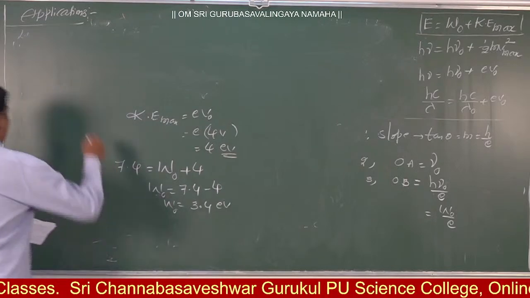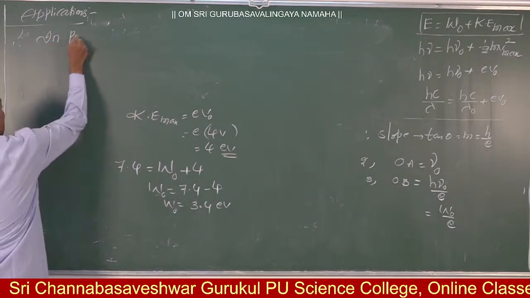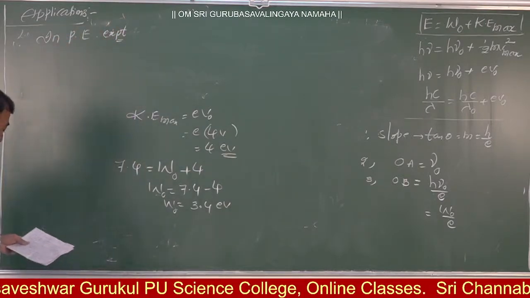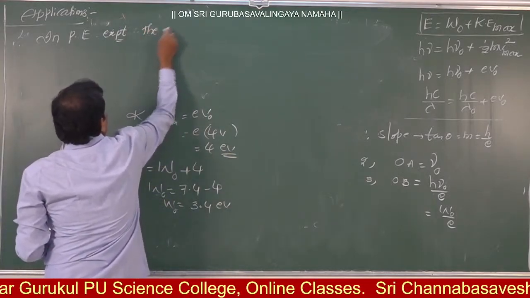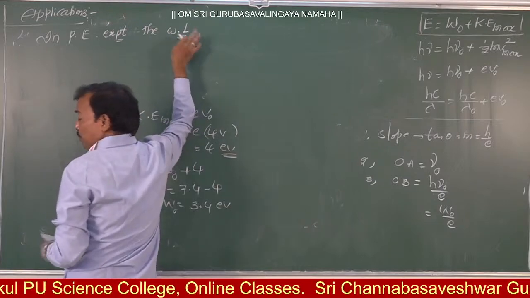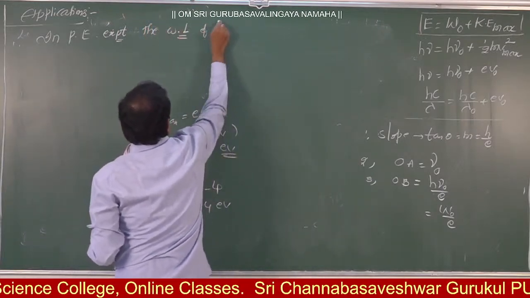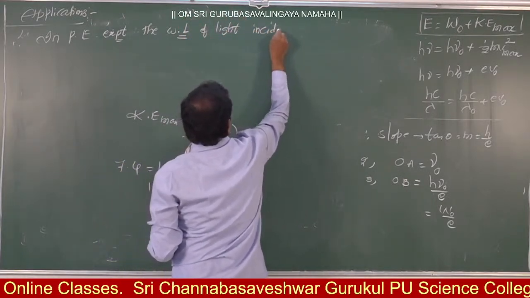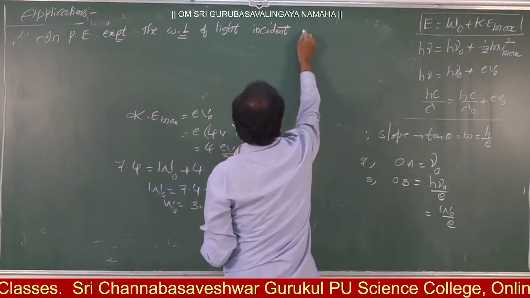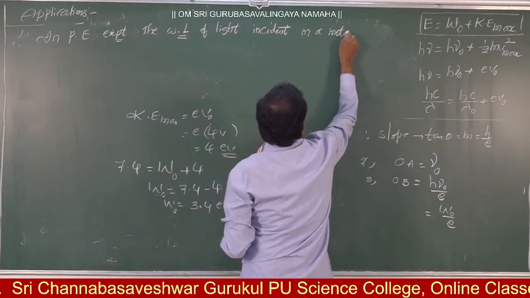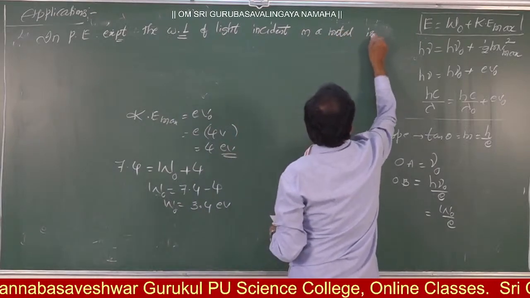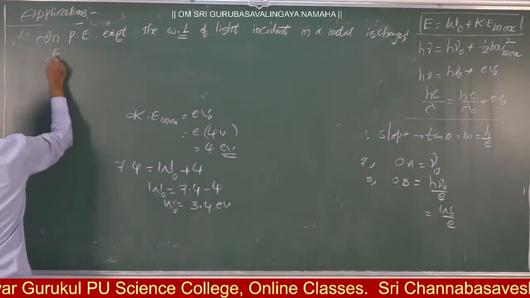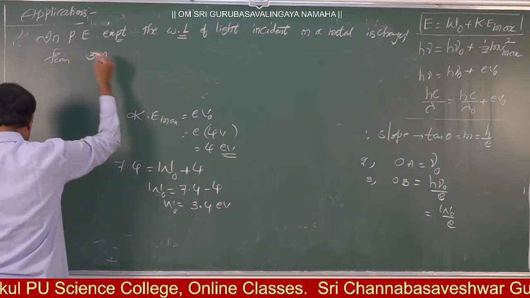Second one. In a photoelectric experiment, the wavelength of light incident on a metal is changed from 300 nm.